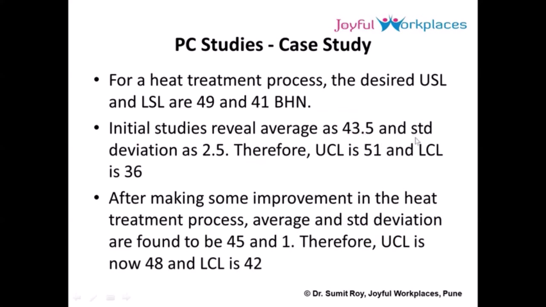And because I have taken R bar by D2, I calculated the standard deviation as 2.5. So what is the upper control limit? Average plus 3 sigma: 43.5 plus 3 into 2.5, which is 7.5, so UCL is equal to 51. And average minus 3 sigma, 43.5 minus 7.5, is 36.